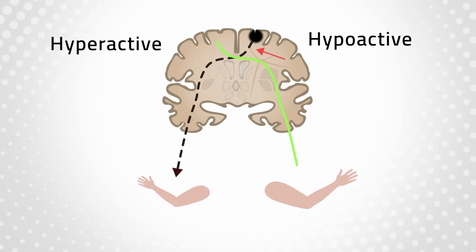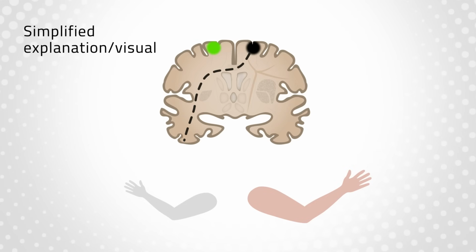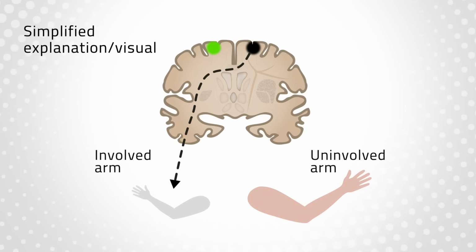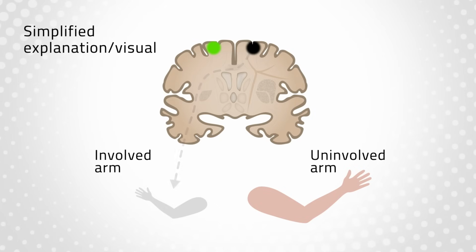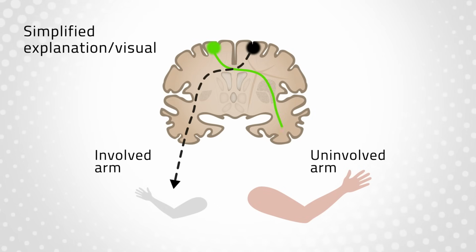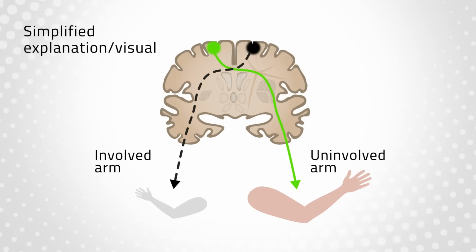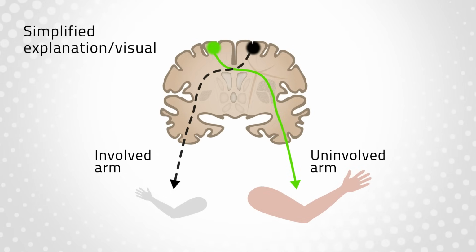And to keep things simple, the more you do that, the repetition, that side of the brain, the uninjured side of the brain, starts to take over or dominate and inhibits the involved side of the brain. So you use your non-injured arm every single day to eat, brush your hair, get dressed, do everything with that hand. And our brains are extremely adaptive.